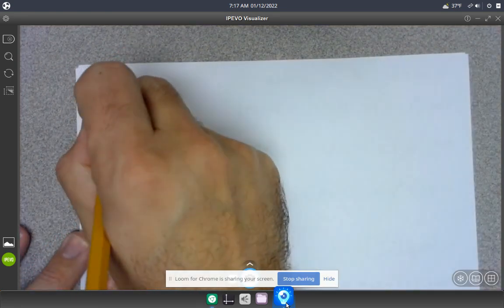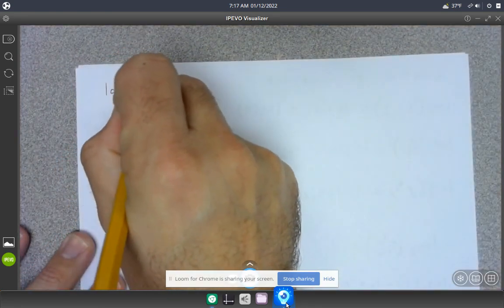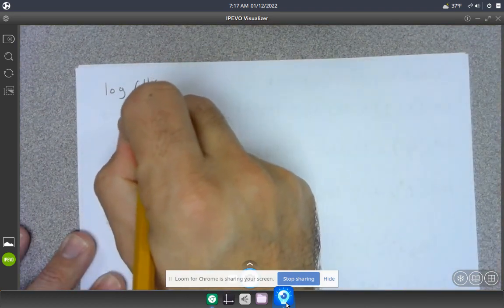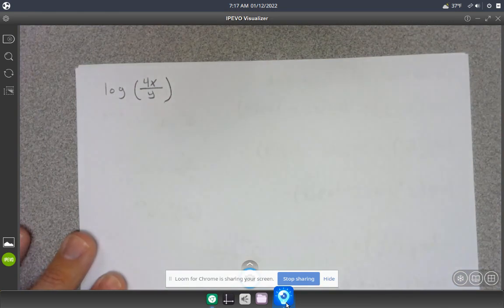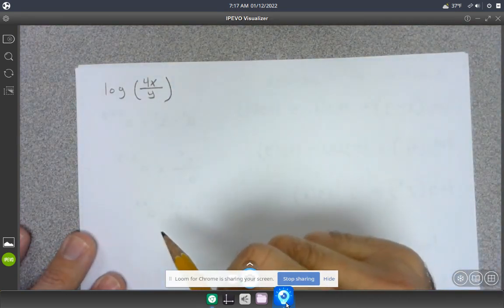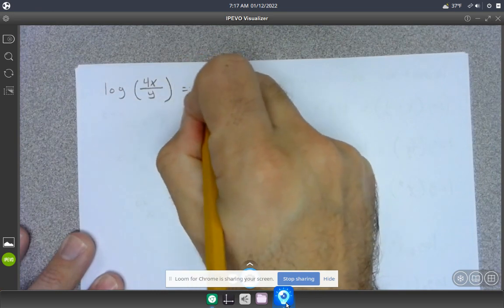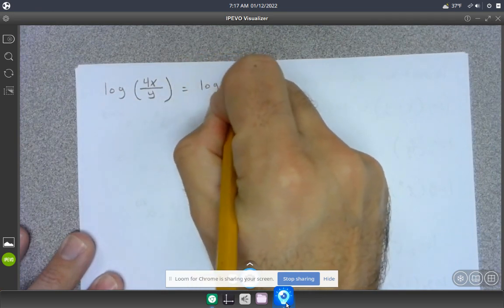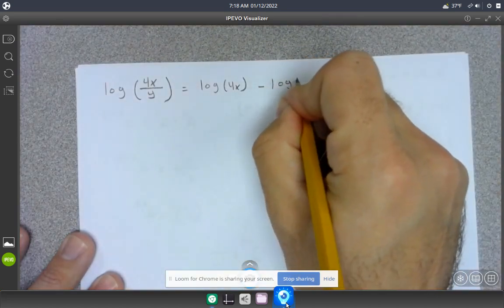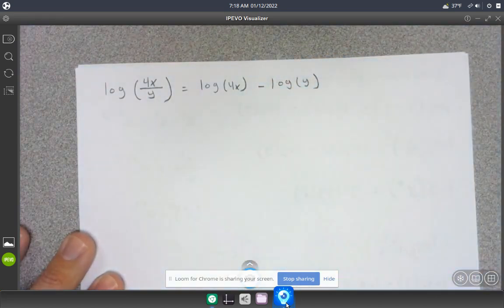Let's do the log of 4x divided by y. So the first thing I'm going to do is separate them using the subtraction rule. This is going to be equal to the log of 4x minus the log of y. Separating the division into a subtraction statement.